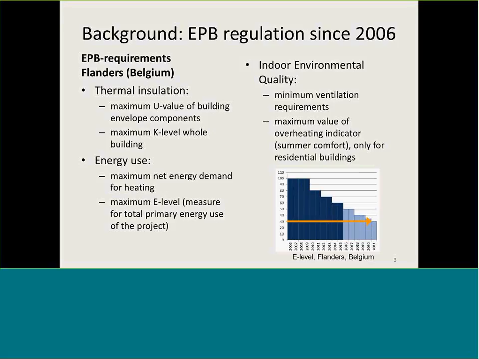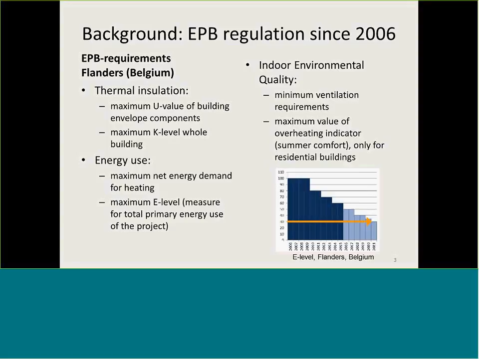In the Flemish region, we have a number of requirements related to the energy performance of buildings regulations. We have requirements on three performances: the thermal insulation requirements, the energy use requirements, and the indoor environmental quality requirements.